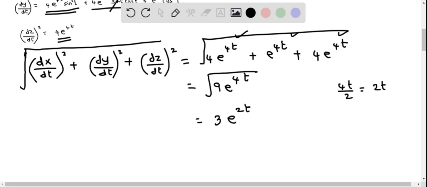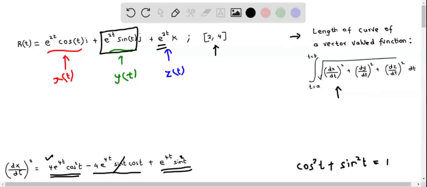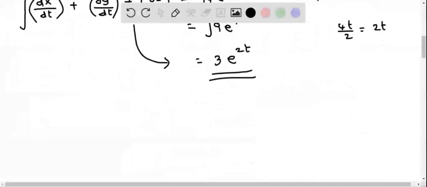So we got the expression for the quantity under the root of dx by dt quantity square plus dy by dt quantity square plus dz by dt quantity square equal to 3 e power 2t, which means we can substitute into the length of curve formula. So let's do that.